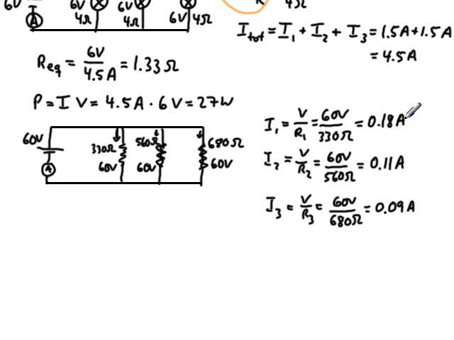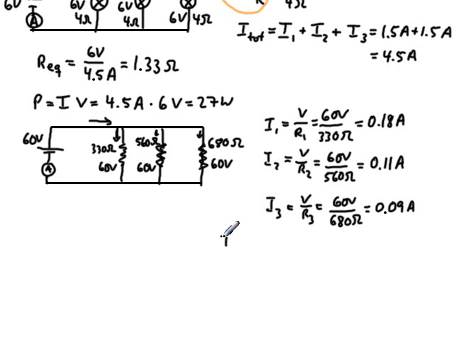So those are the 3 currents going through each of these resistors here, and they add up to the total current that flows through the circuit, where it says the total current in the circuit equals the sum of the currents in its parallel branches.